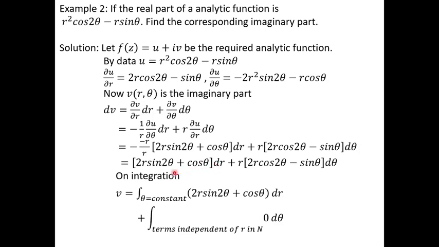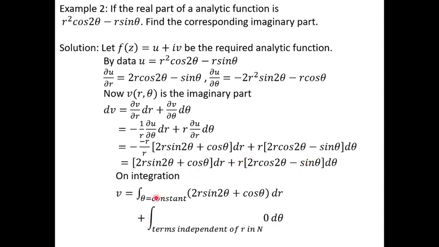Here in r and theta, which is the constant? Theta should be a constant. Here in the d theta coefficient, n does not contain r. Otherwise, the terms independent of r in n are in the d theta coefficient.